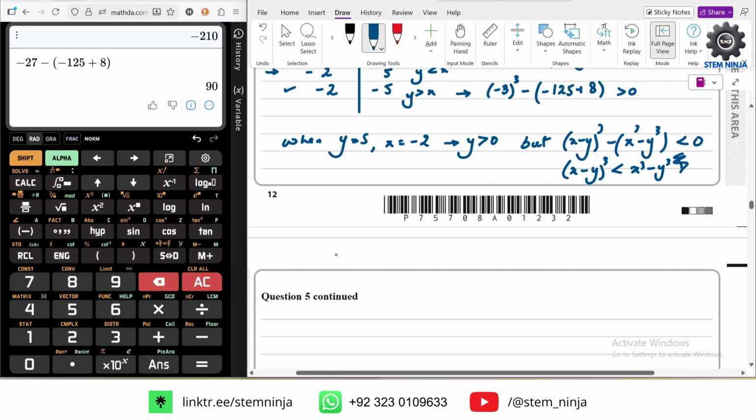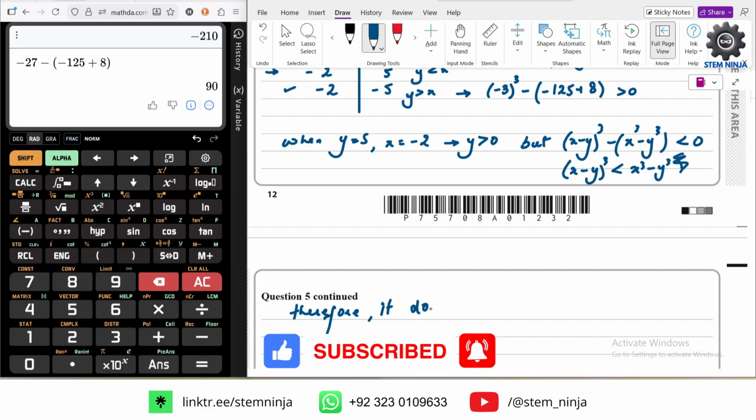Therefore, it does not apply for all real numbers.